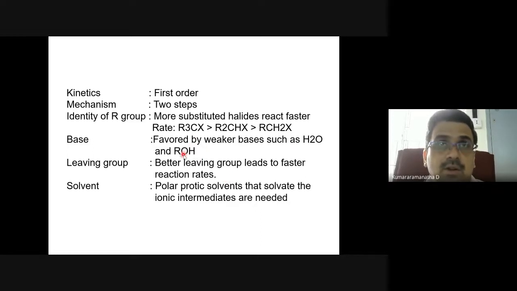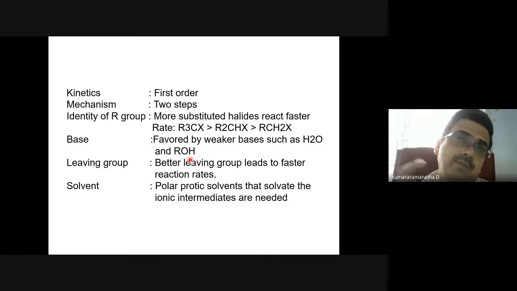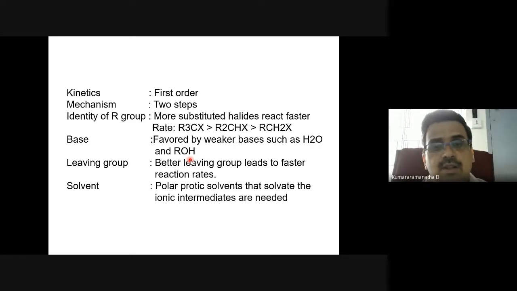Okay, like alcohols, not alkoxide, alcohols. And so the only difference between E1 and E2 is the base selection. So better leaving groups, the faster the reaction is.